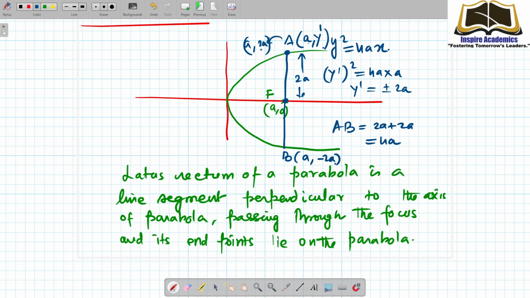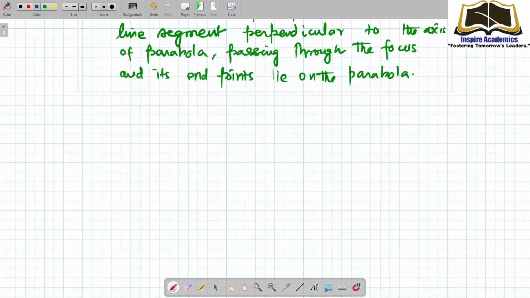Let us try to do a question to understand the application part.